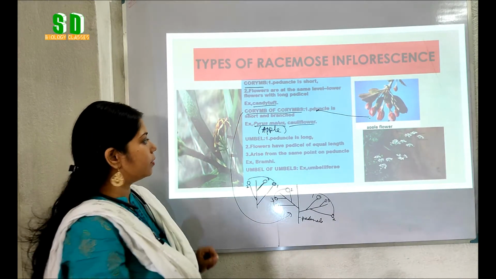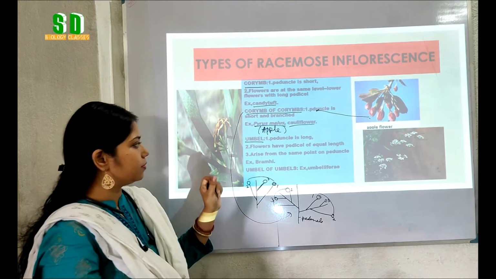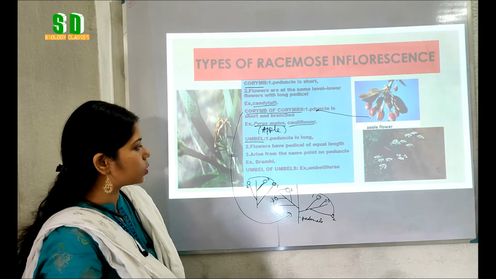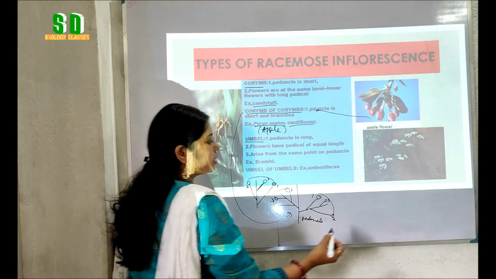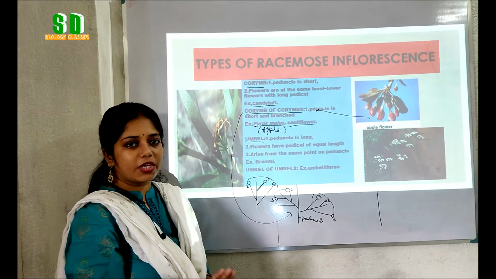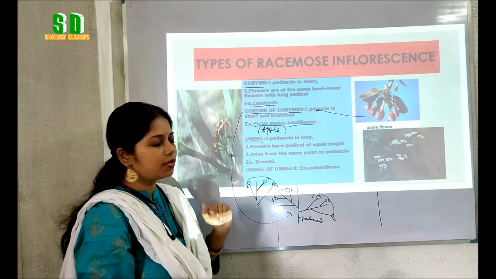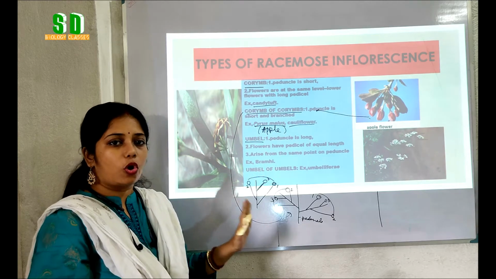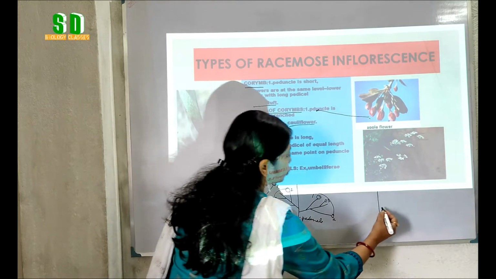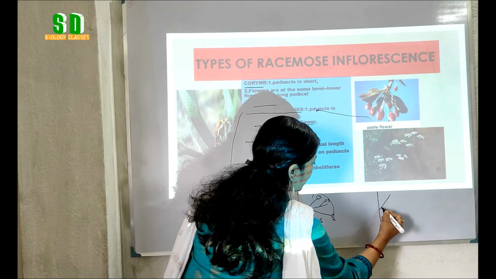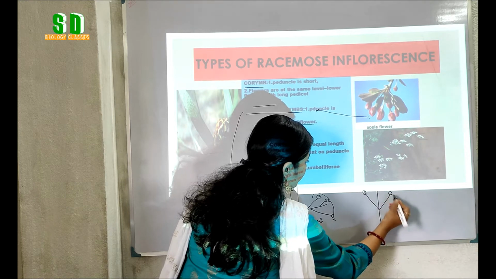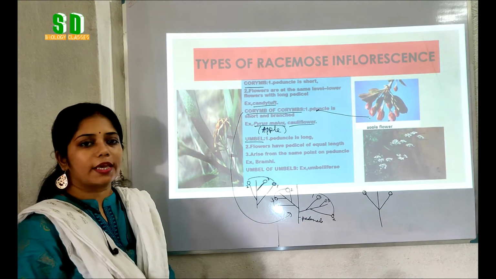Now we will learn about the second important type of inflorescence, that is umbel. What are the features of umbel inflorescence? Here the peduncle is long. This is the main difference between the corymb and the umbel. In the case of umbel also, all the flowers develop at the same level, and all flowers arise from the same point.